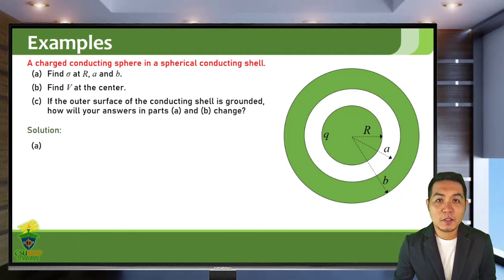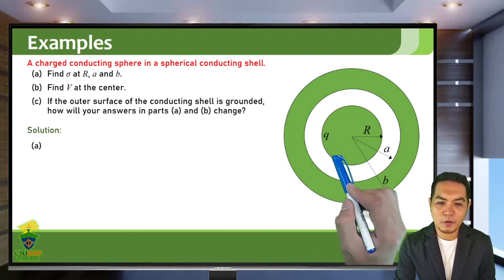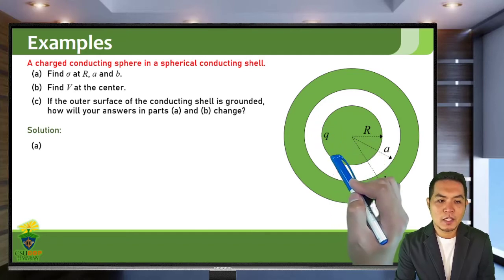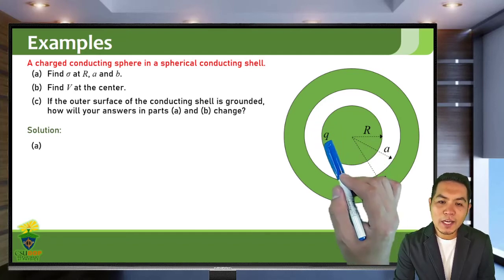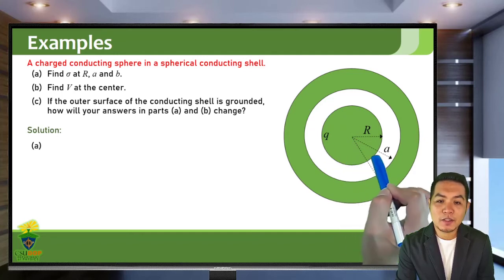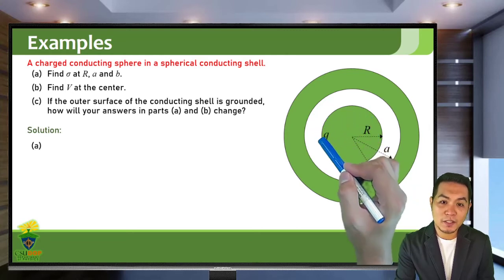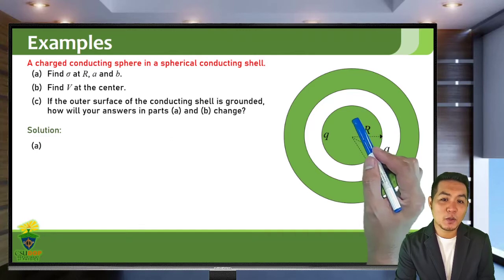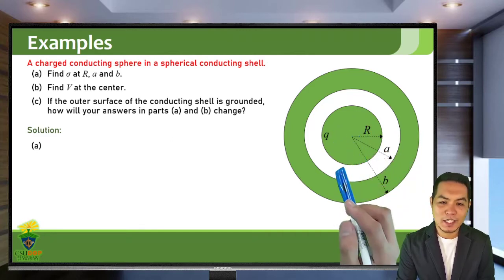Okay, let's first solve the first problem, letter A. Find the charge density on the three surfaces. So you have three surfaces. The surface of the conducting sphere, this one. Take note, this is a conductor, meaning this charge Q will only be distributed on the surface of this solid conducting sphere, and there will be no volume charge distribution inside a conductor. Rho is always 0, so the electric field inside is also 0.